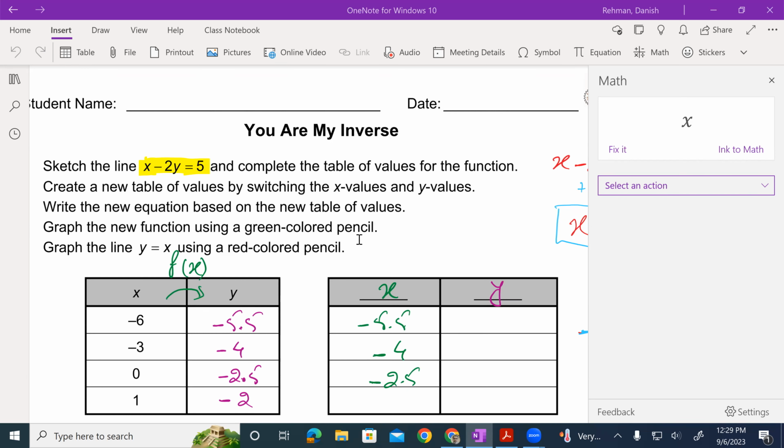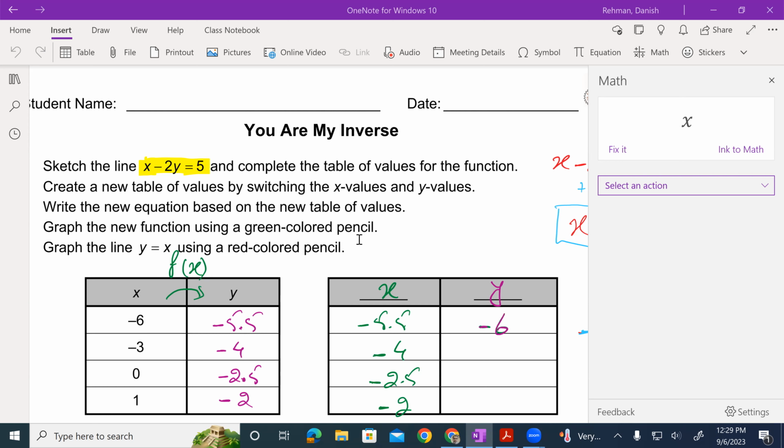And what is the next value? -2. Then I will bring in the values for x, and I will place those values in the column y. So y is -6 now.